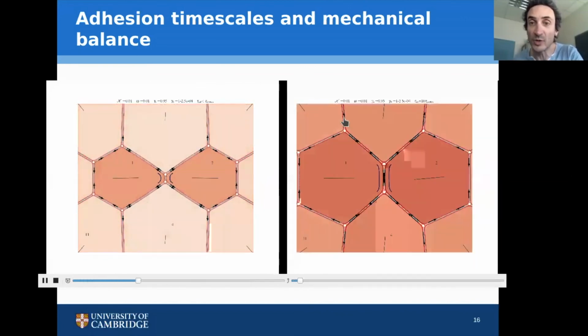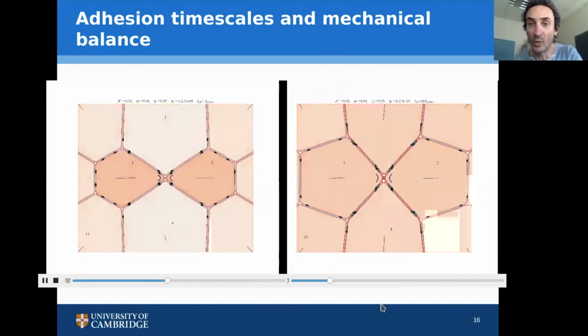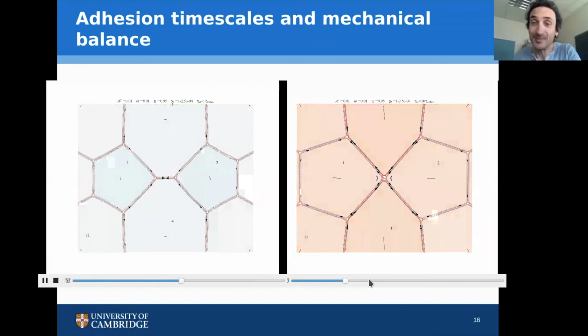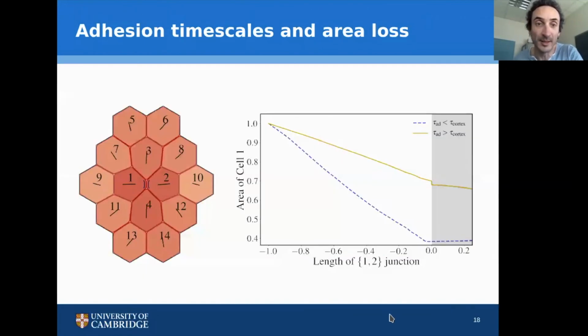Whereas if you have a transmission of the stress towards the boundary conditions, which are Dirichlet far away there, then you do have a different balance, and you shrink those cells much less, and they preserve their area much more. This is the curve of area evolution in the course of a neighbor exchange, where this is the length of that junction in negative and the length of the new junction in positive.